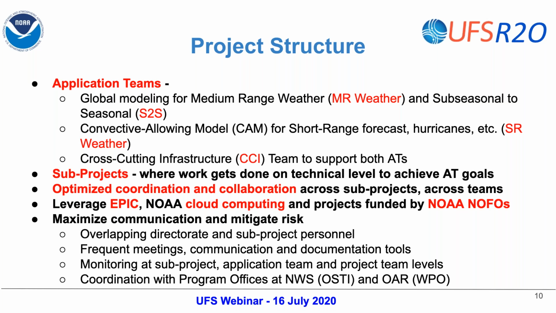Within each of those teams, we have a number of sub-projects, which is where the work is actually getting done at a technical level. We have worked very hard to optimize our pathways of communication so we can coordinate and collaborate as best we know how across the sub-projects and across the teams, because as we've recognized, there's quite a lot of dependencies between the global and the regional modeling, as well as dependencies across different aspects of the Earth system models that we're developing.